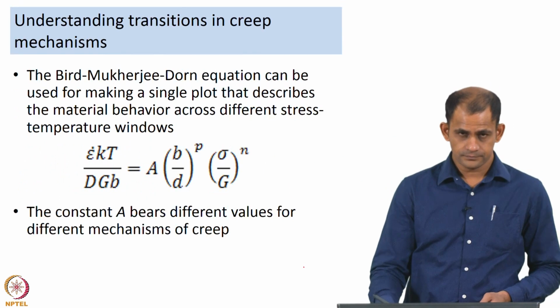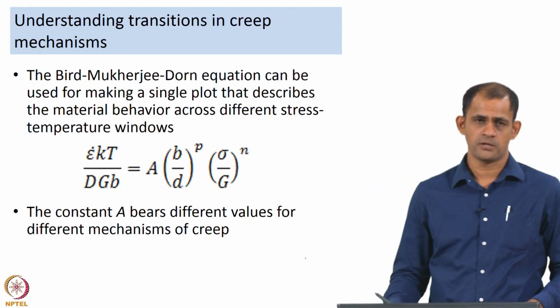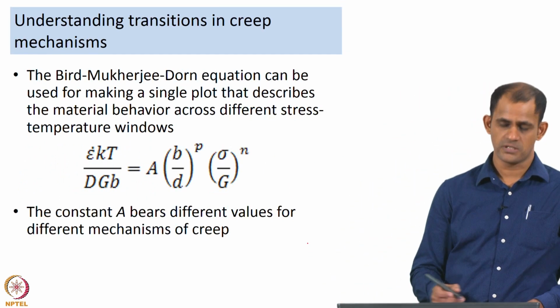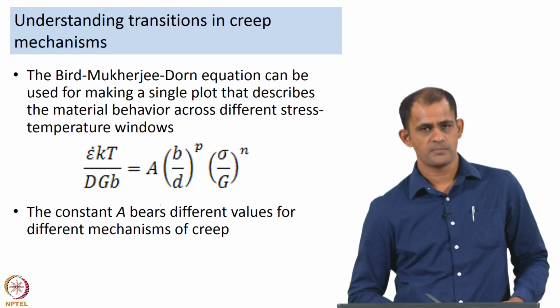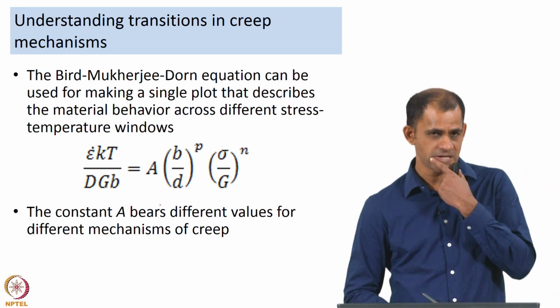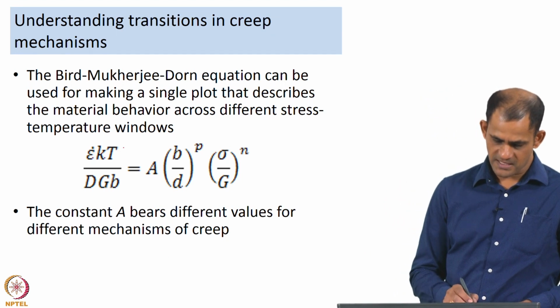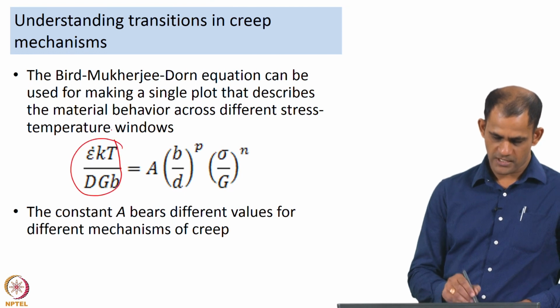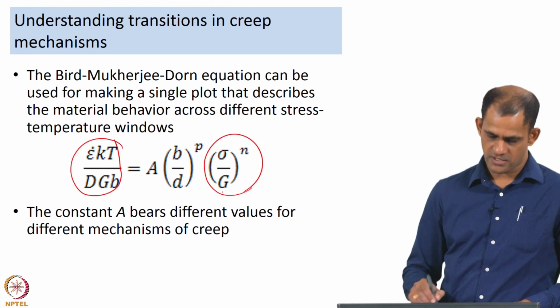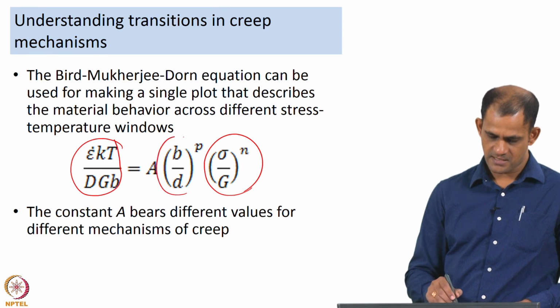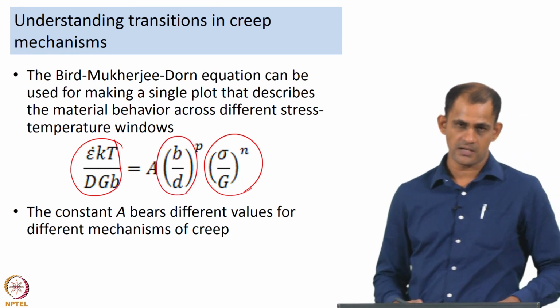So, the Bird-Mukherjee-Dorn plot has its roots in the following equation. They proposed an equation of this form. So, this form is basically a dimensionless equation between normalized strain rates and normalized stress, and even grain size is also made dimensionless by bringing in the Burgers vector.